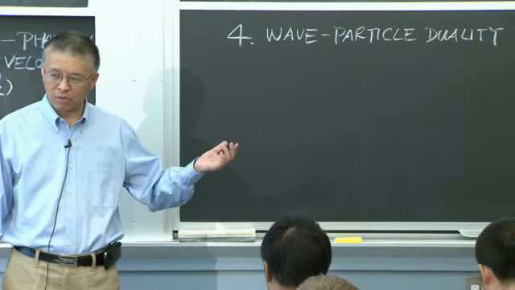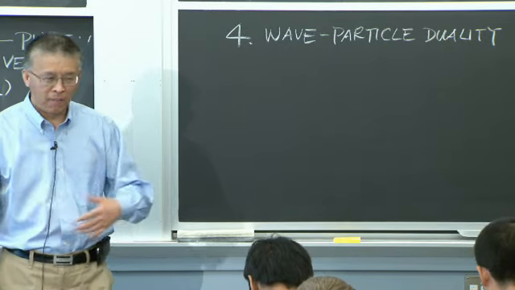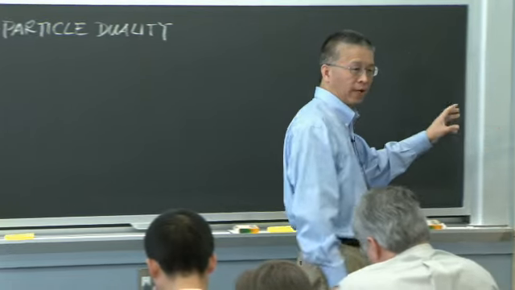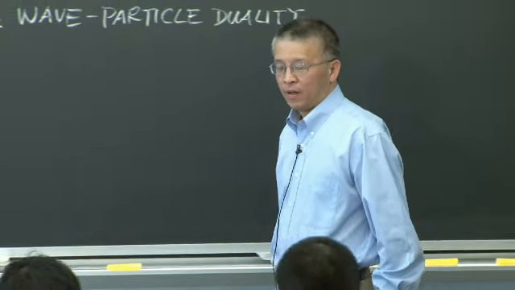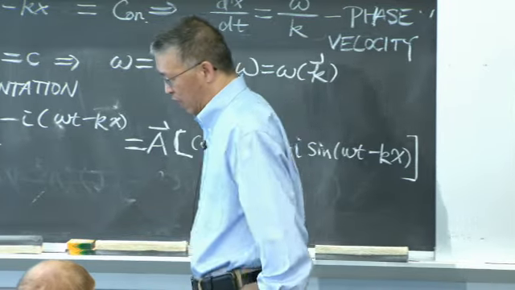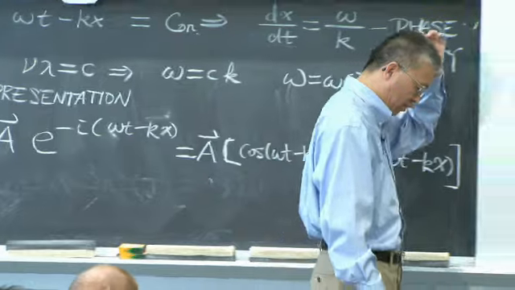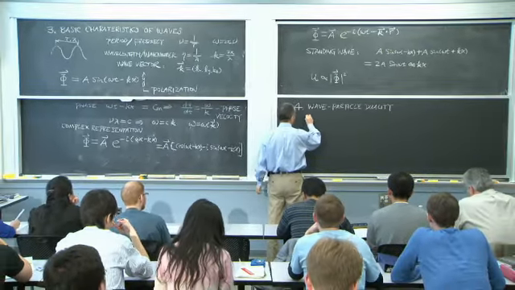So going from particle to wave, Maxwell's equations solidified the wave nature of light. That seems to be a settled problem, except that if you look at the history of physics, there are two problems that people wrestled with. One is black body radiation.